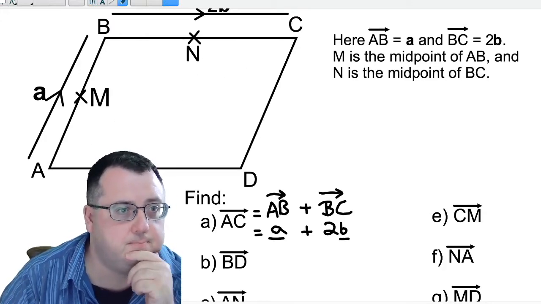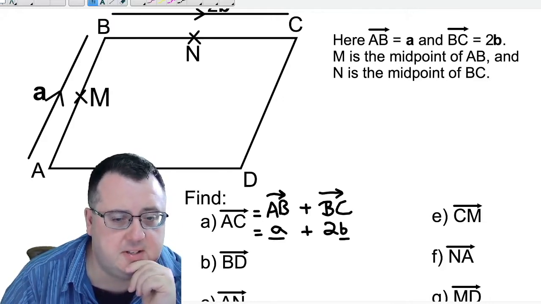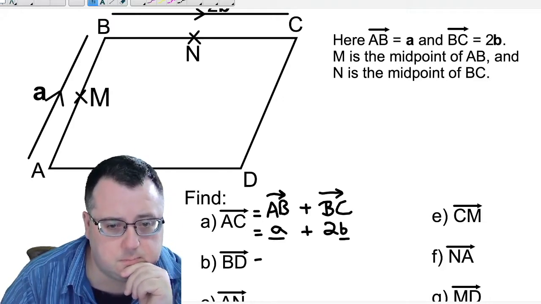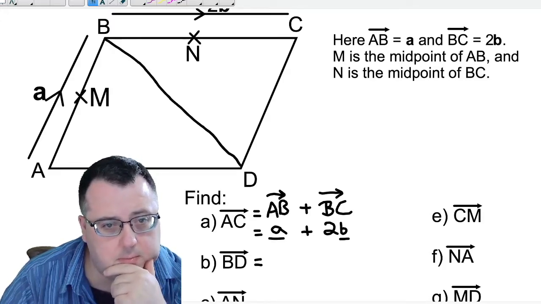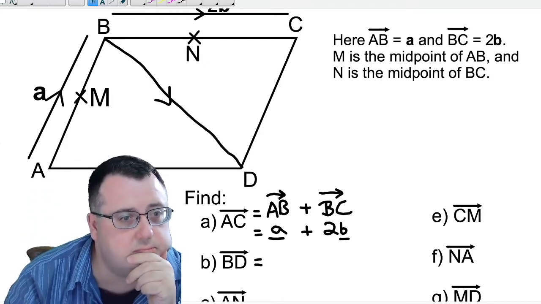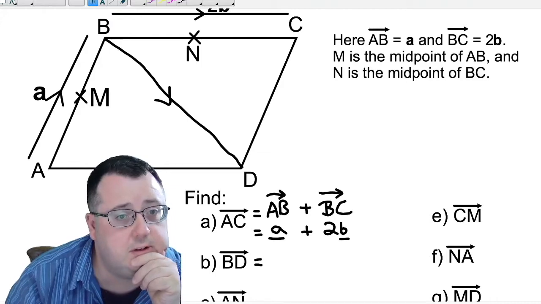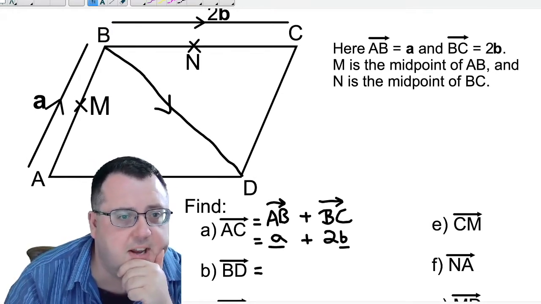says B to D. So if I wanted to go from B to D, my most direct route would be there, wouldn't it? But I can't go B to D. What other route can I take?